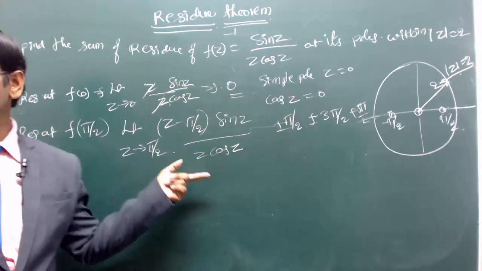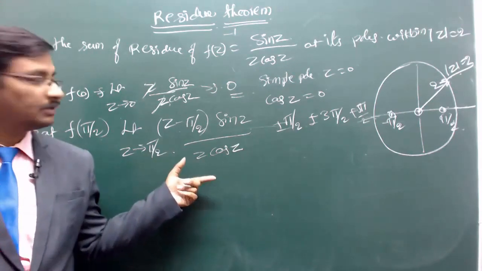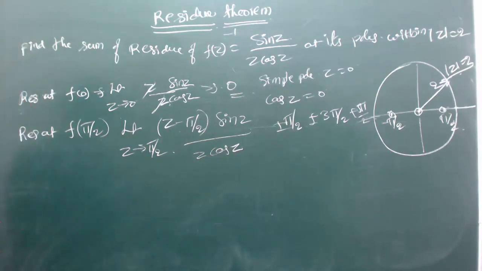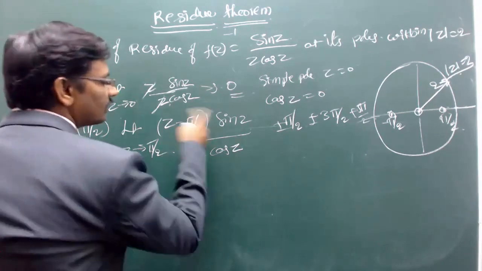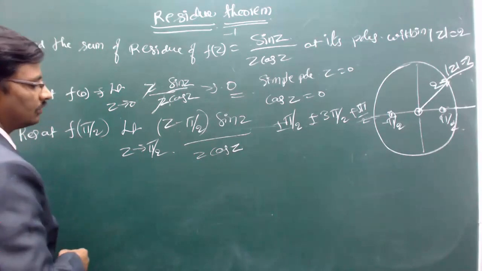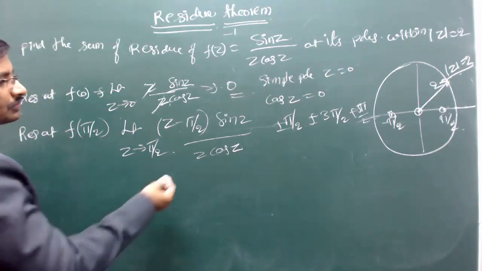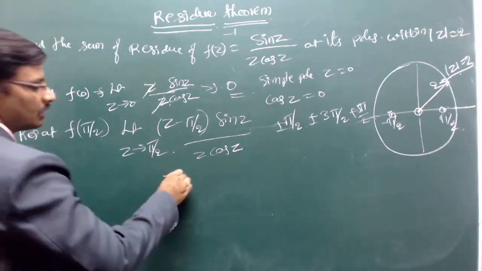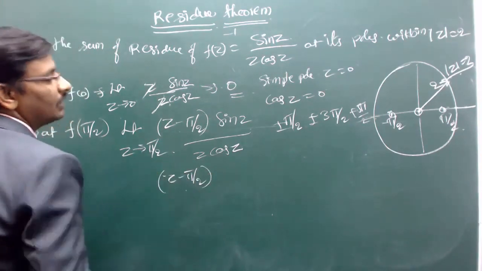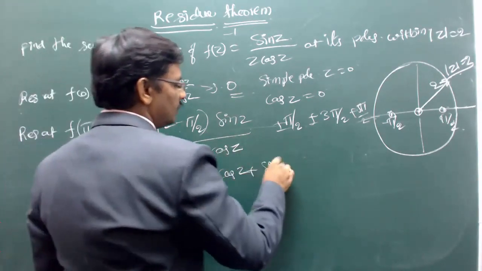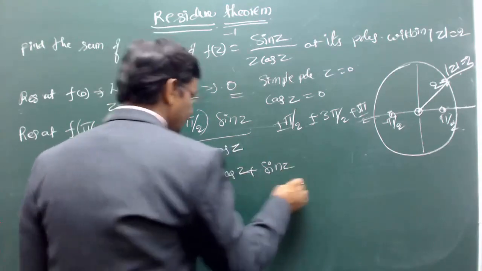Now this is the second case that we discussed previously, where cos z is coming out to be 0. Now we can make use of the L'Hospital rule. Take the derivative of the numerator and the denominator and substitute. So apply L'Hospital rule on this, and then you can directly find the value. In the numerator, z minus pi by 2 into derivative of sin z, which is cos z, plus sin z into derivative of z minus pi by 2, which is 1.